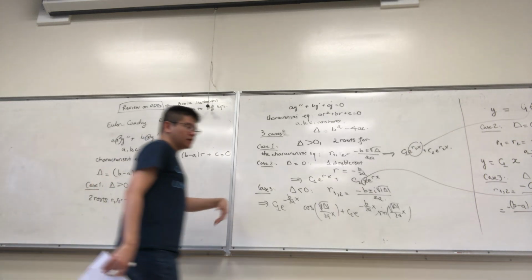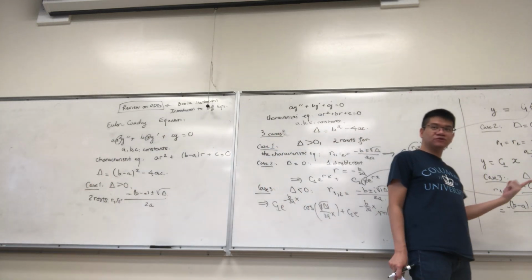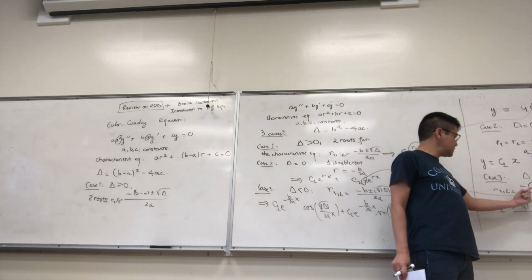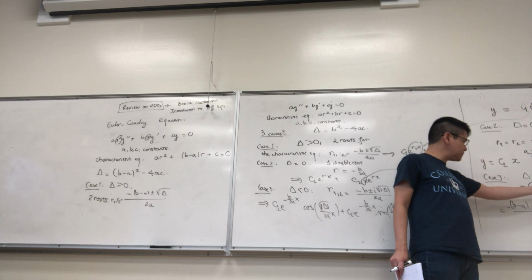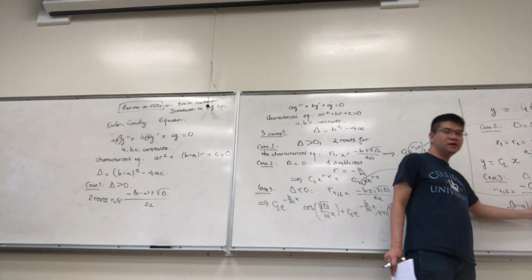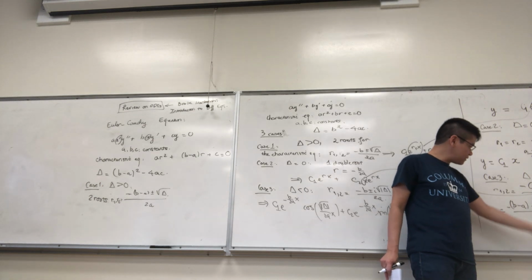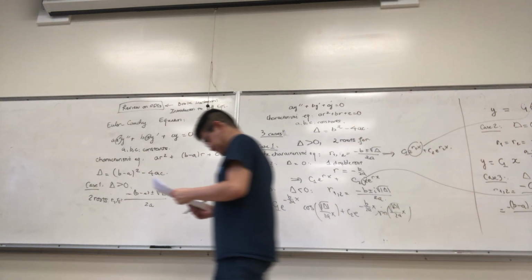So in the case where delta is negative, you still have the two roots like in the first case, minus b plus or minus square root of delta over 2a. But in this case, delta is negative, so what you do is put an i with the square root of the absolute value of delta over 2a.